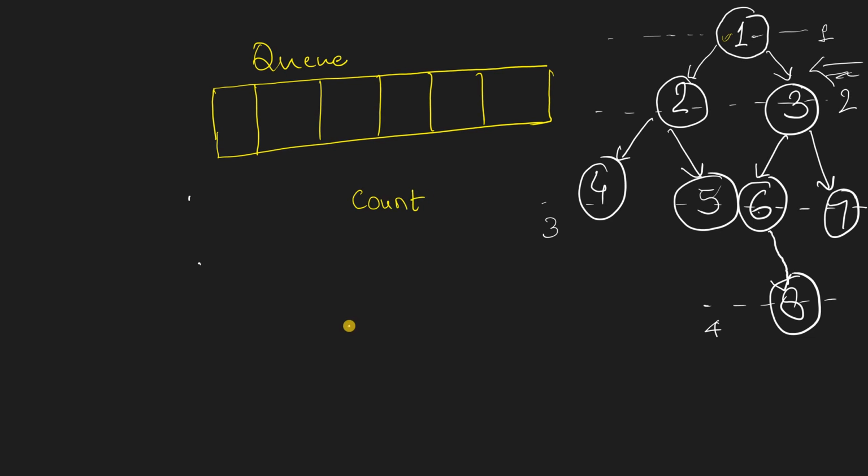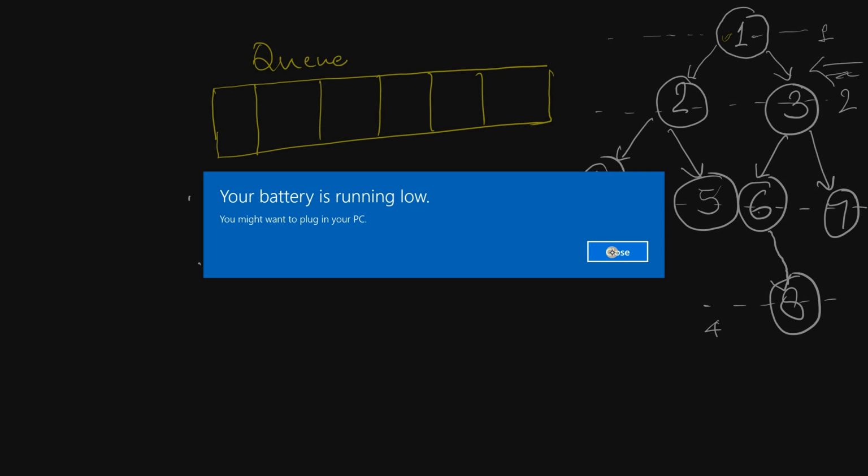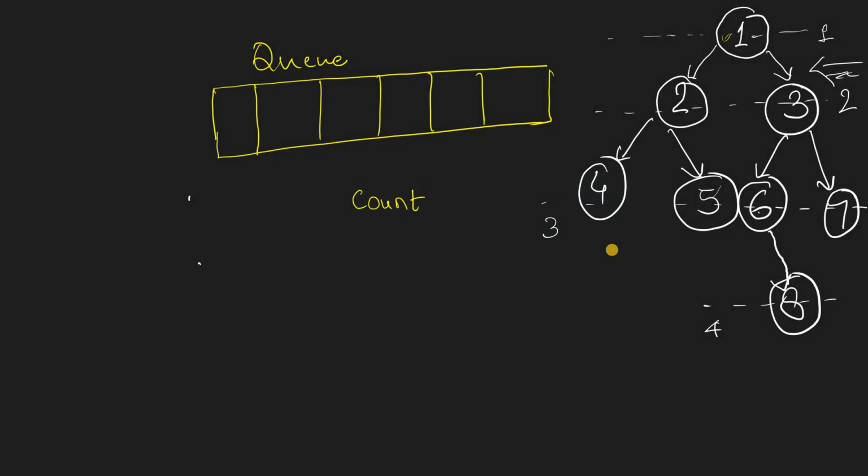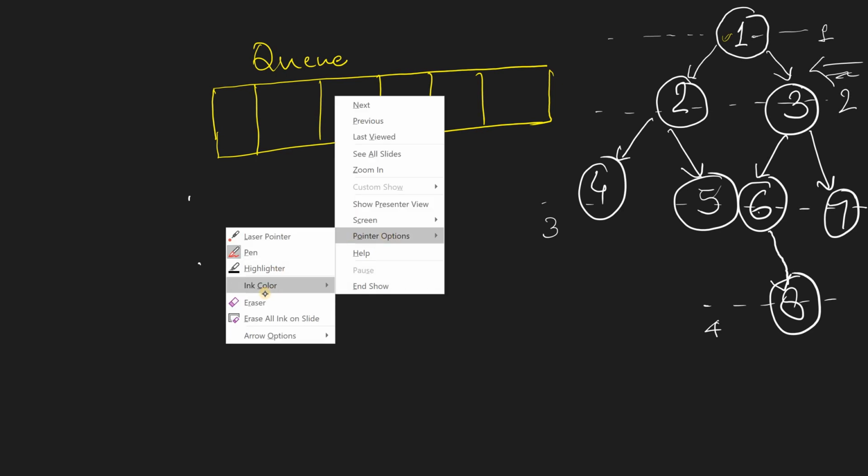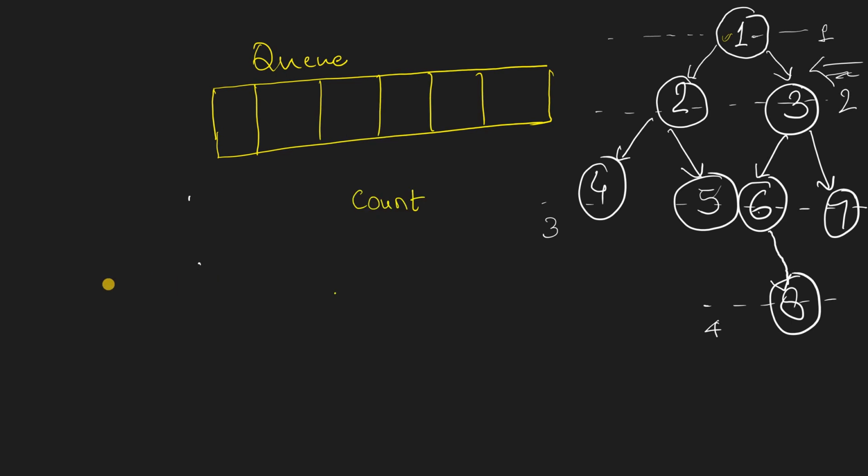Let me change the color. Cool. So we'll take one more count variable where we'll keep the snapshot of the number of nodes which are present on a particular level.